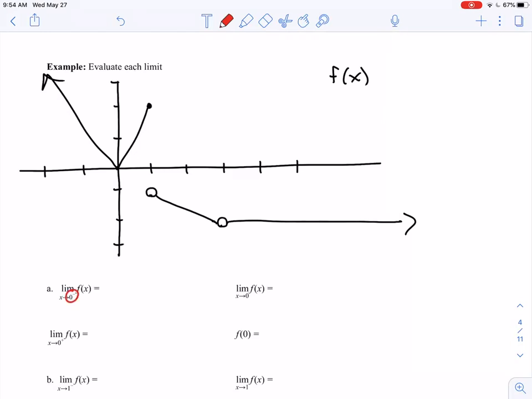So let's look at 0 from the left-hand side. If I approach 0 from the left-hand side, my arrow is pointing at a y value of also 0. So okay, I can say that my function has a limit of 0 from the left-hand side.